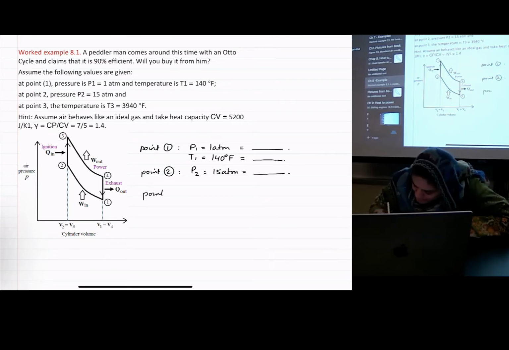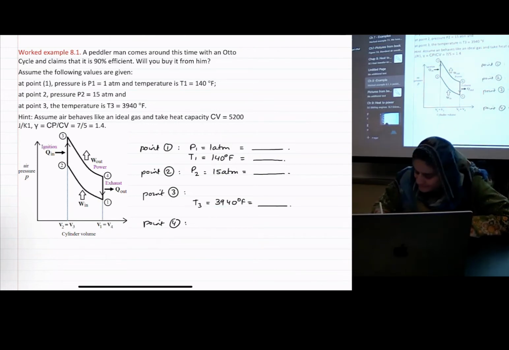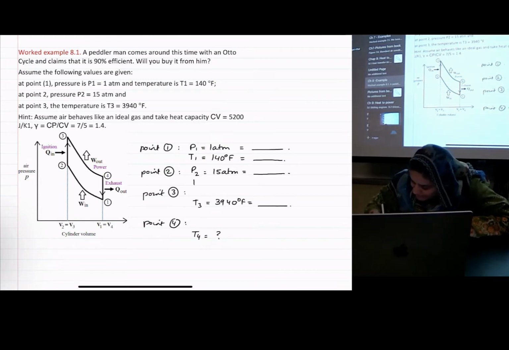Then for point 3, they give you no pressure, but they give you a T3, which is 3940. And for point 4, they give you nothing. So that means you have to find T4. And you have to find T2.